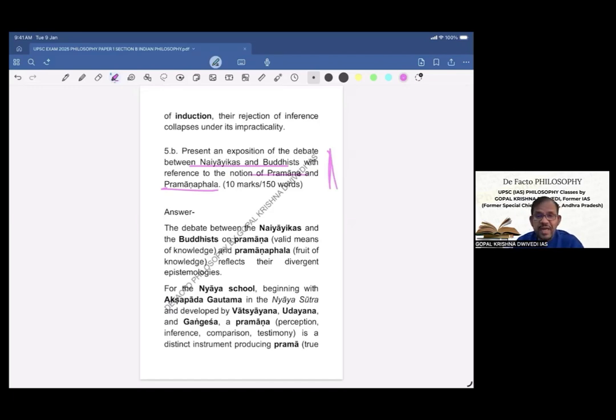The debate between Nyayiks and Buddhists on pramana, that is valid means of knowledge, and pramana phala, that is fruit of knowledge, reflects their divergent epistemologies. For the Nyaya school, beginning with Akshpat Gautama in the Nyaya Sutra, and developed by Vatsyayan, Udayan, and Gangesa, a pramana (perception, inference, comparison and testimony, these are the four valid sources) is a distinct instrument producing prama.